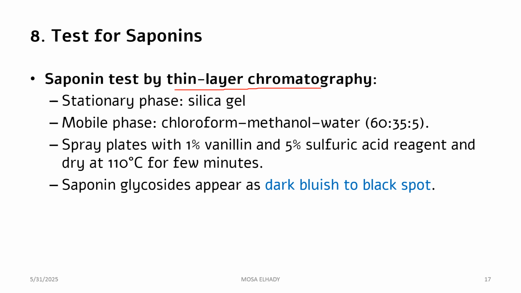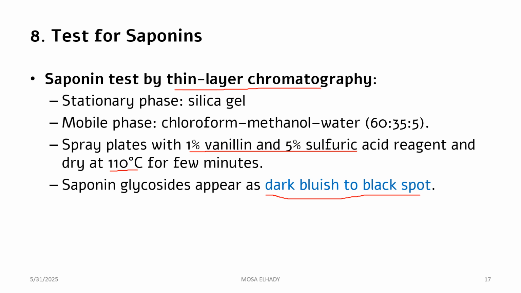On TLC, saponins can form a dark bluish spot when sprayed with a spray agent, vanillin and sulfuric acid, and heating or drying at 110 Celsius for a few minutes.